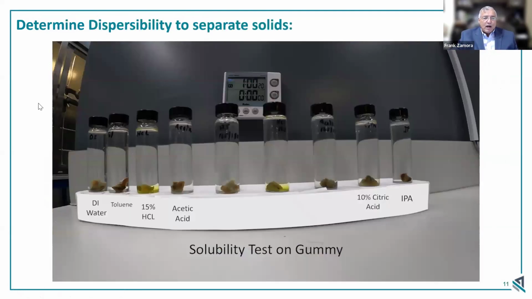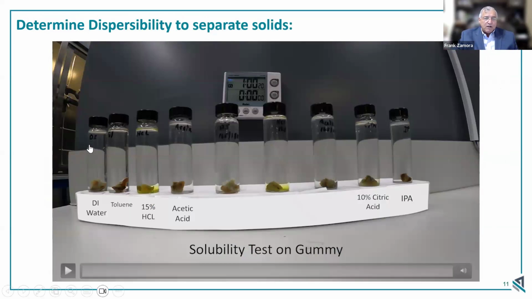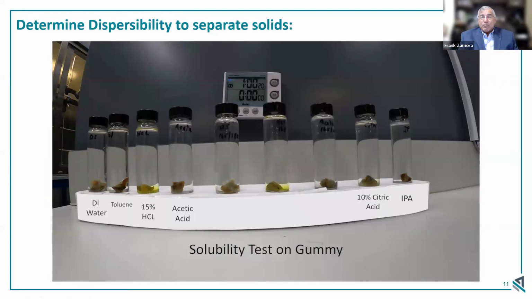So just to help understand, here's another example, a time-lapse video of what goes on in various types of solutions. What I've done here is we put a DI water by itself, a toluene, of course, is a solvent to help remove any of the hydrocarbons that may be present around the sample itself.